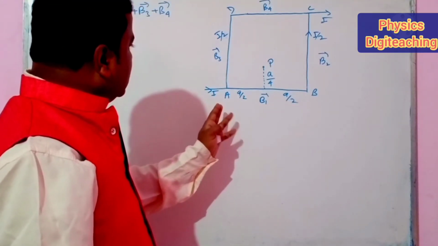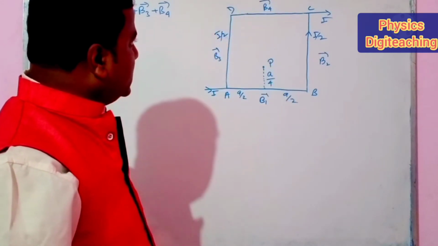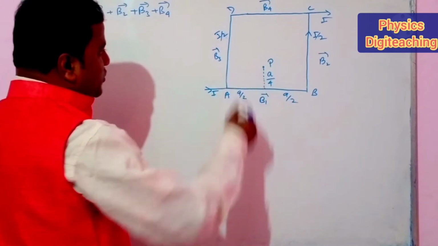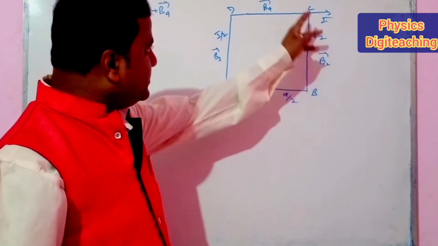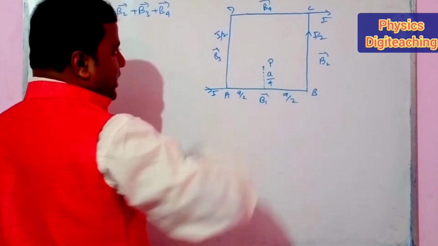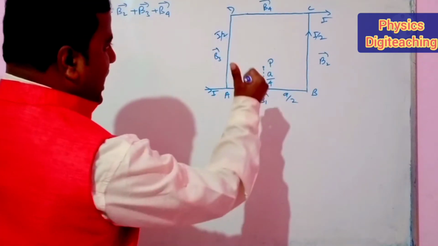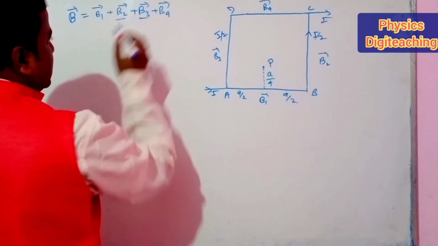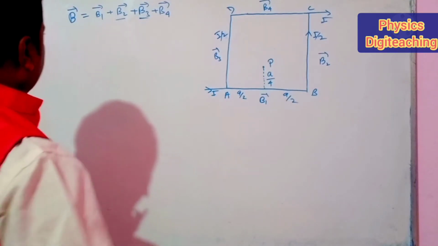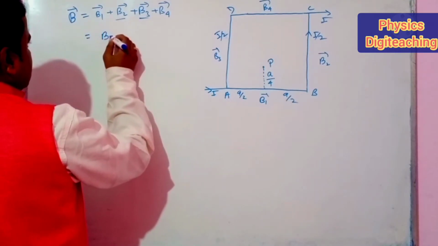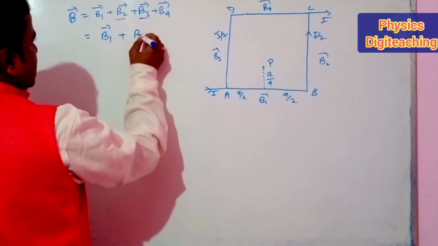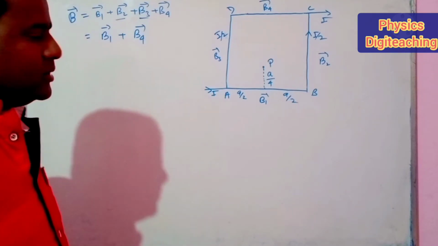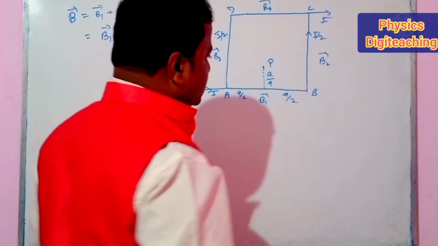The current in AD is flowing in the clockwise direction, therefore the magnetic field is downward, and in BC the current is flowing in anti-clockwise direction, therefore the magnetic field is upward. Therefore B2 and B3 cancel. Only we get B1 plus B4. Now, what will be the value of B1 and B4 and what will be the working formula?